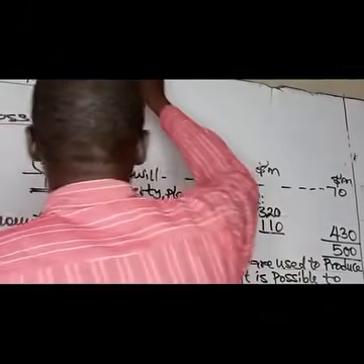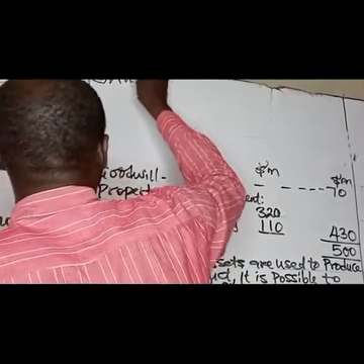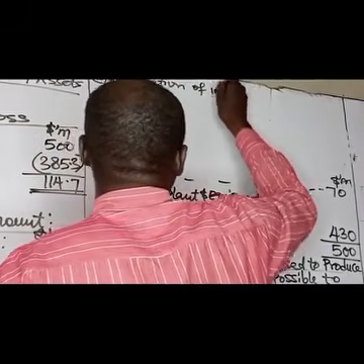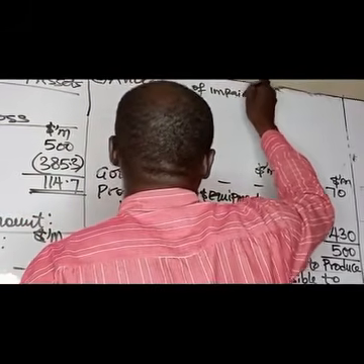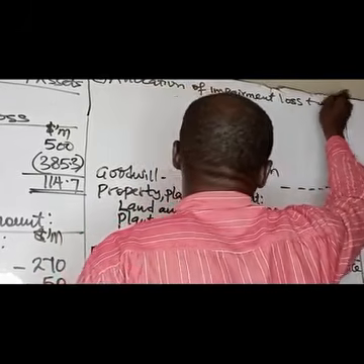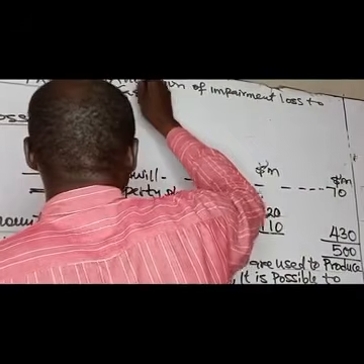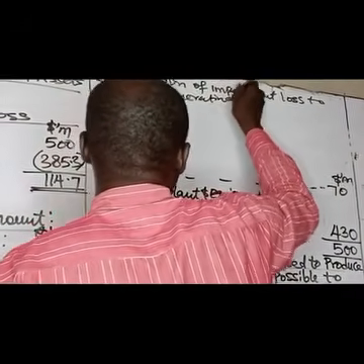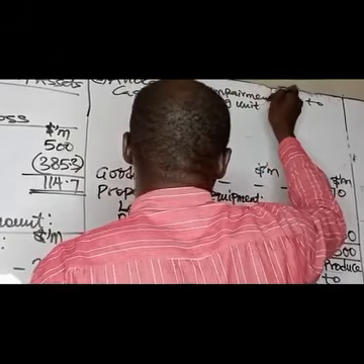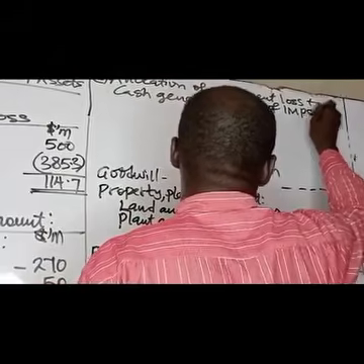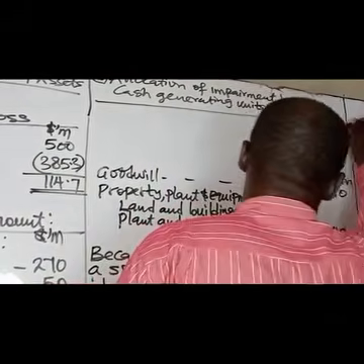So you are going to allocate the impairment loss to the cash generating unit of IMPS. That is the name of the company.